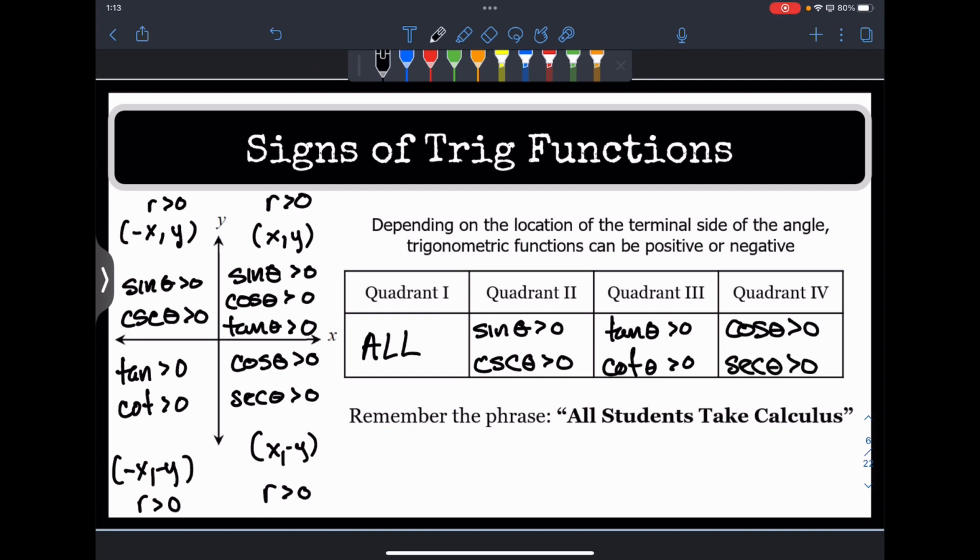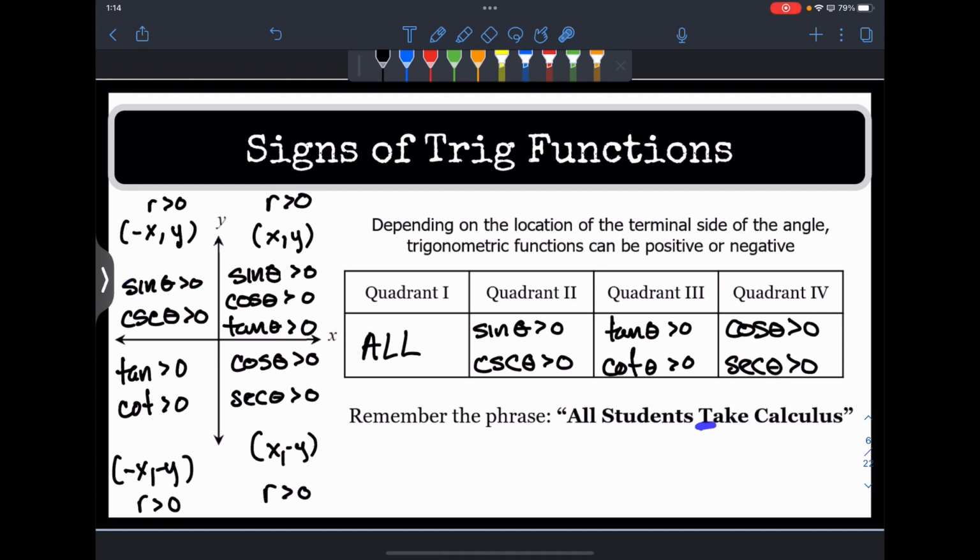A very easy way to memorize what's positive, at least for sine, cosine, and tangent, is to remember the phrase, all students take calculus. All, meaning all of them in quadrant number 1. The second word starts with S, so that's going to be sine.